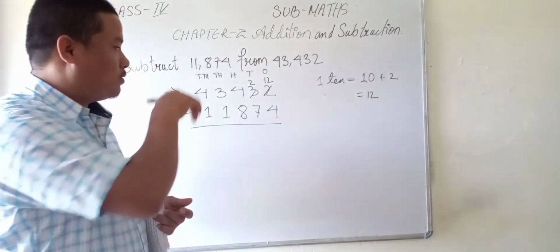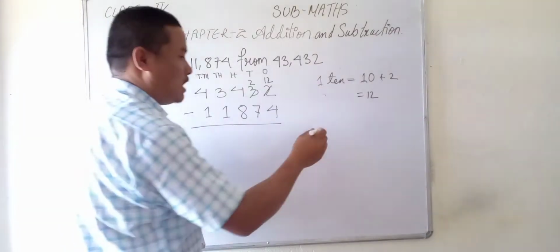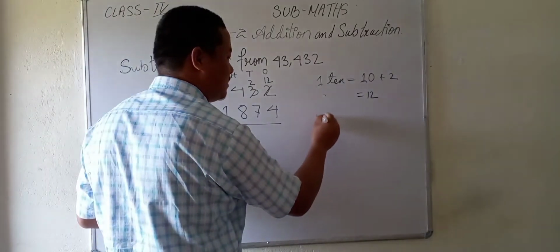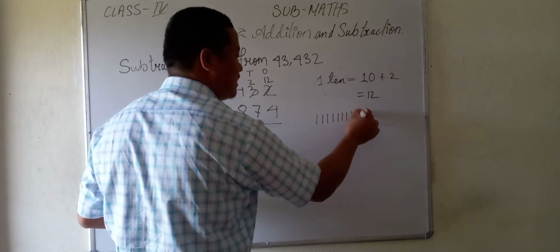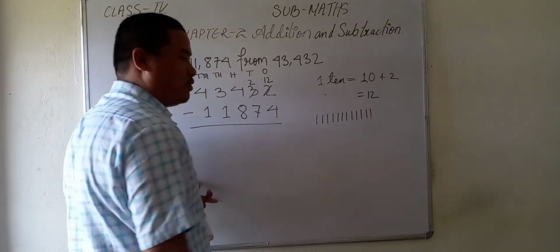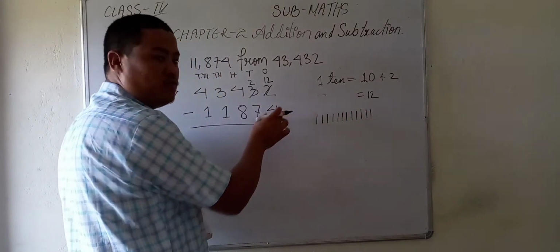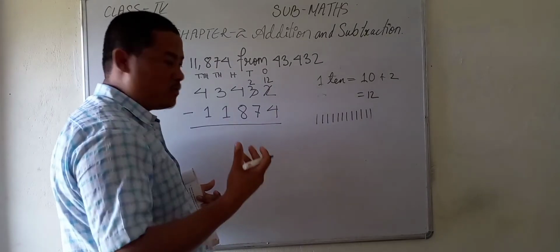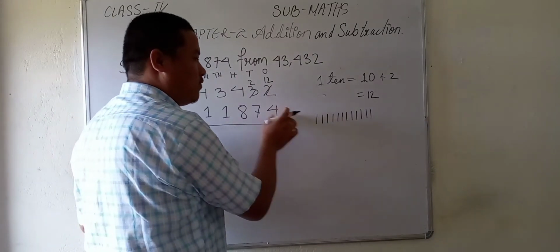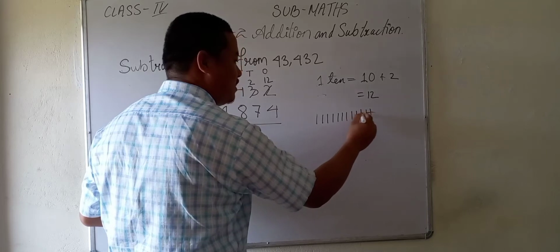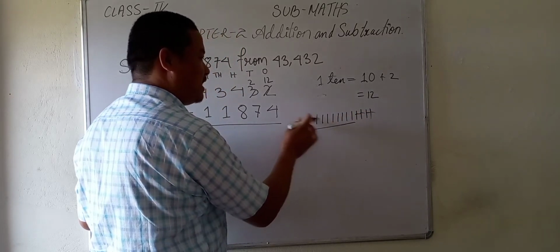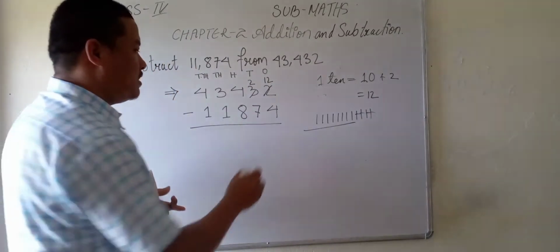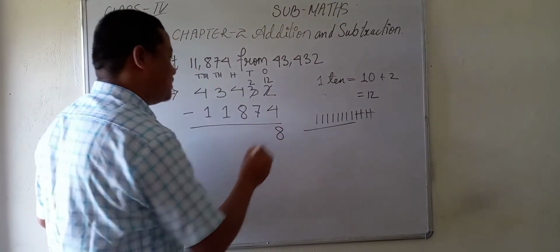Otherwise you can do like that: 1, 2, 3, 4, 5, 6, 7, 8, 9, 10, 11, 12. From 12 you just take out 4. Minus means we will take out. So take out 4. How much remain? 8. 12 minus 4 is 8.